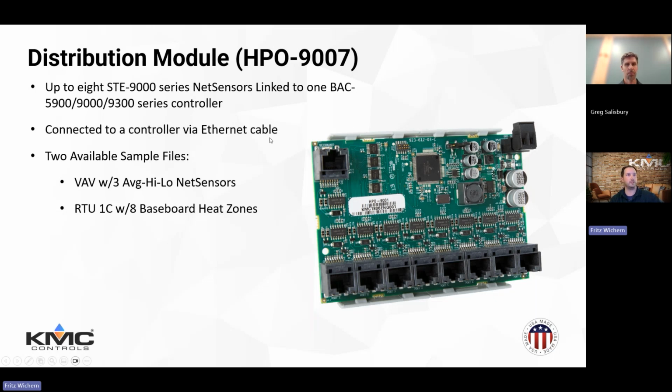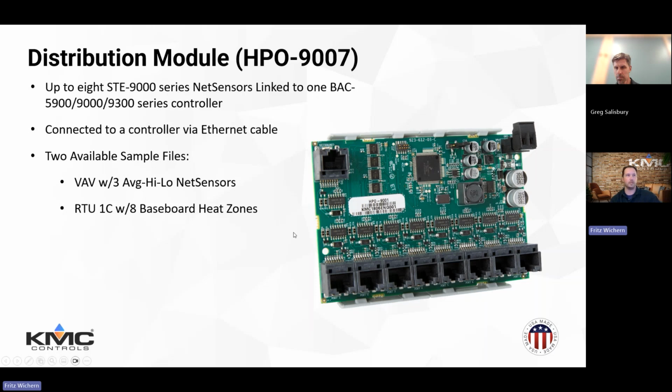So you've got one connection that goes from the board back to the room sensor port on your controller. And then all your net sensors will connect up on this distribution board. It's good to know that you want those to go in line. So you want to start at port 1, and underneath, on the underside of the board here, you've got port 1, 2, 3, 4. So it starts on the left and goes to the right.